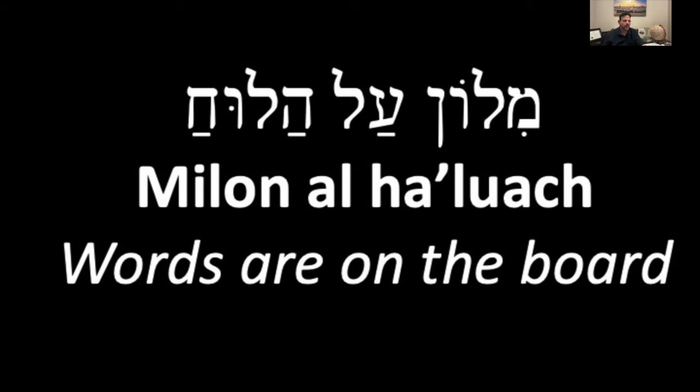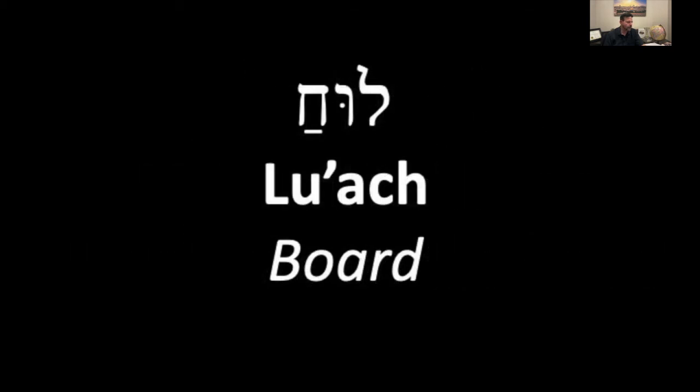But milon or milah refers to an individual word in a vocabulary list. It is a little different from devar, which means to literally have a talk. So milon, words, al haluach, words are on the board. Luach is board.